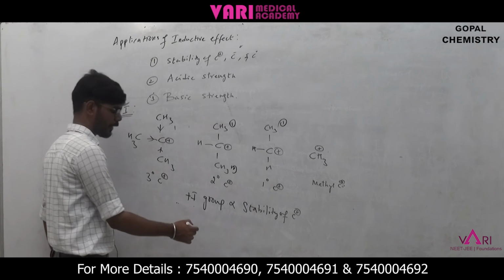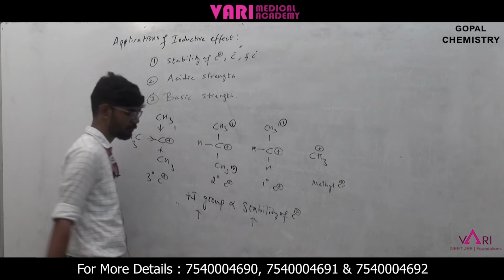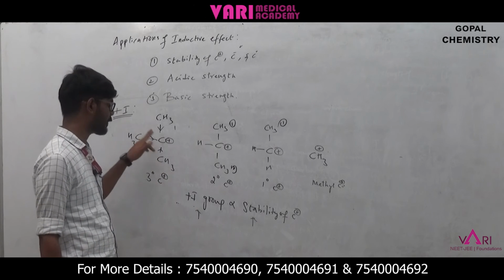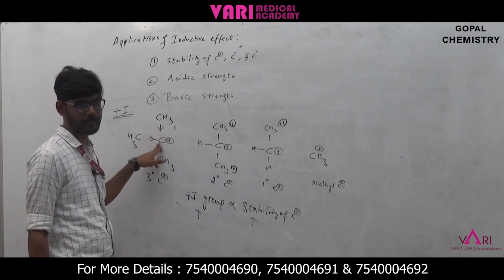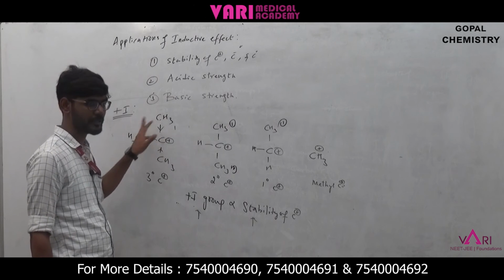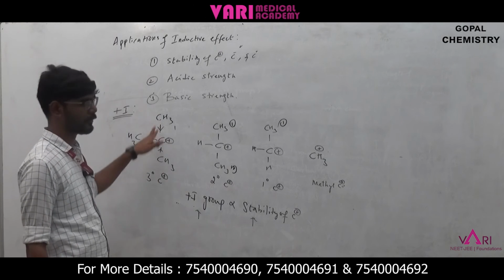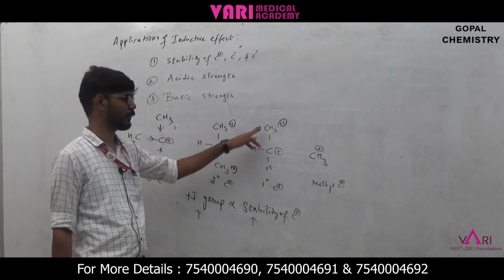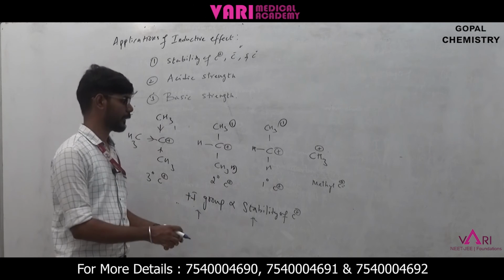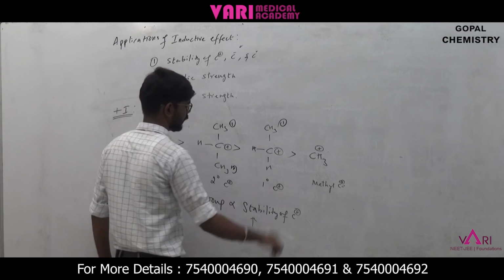If the plus I groups are maximum, then the stability of the carbocation will be maximum, because these plus I groups donate electrons to that carbon. The electron deficiency will be satisfied by donation of electrons by plus I groups. So there are 3 groups here, 2 groups here and only 1 here, and no plus I groups in the methyl carbocation. So the stability will be maximum for this one, then this one, then this one.